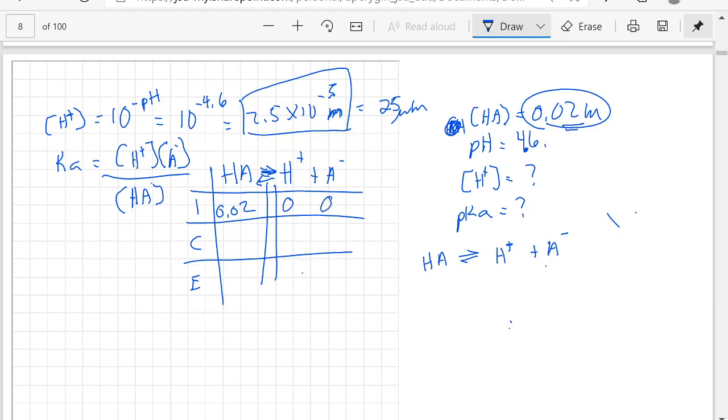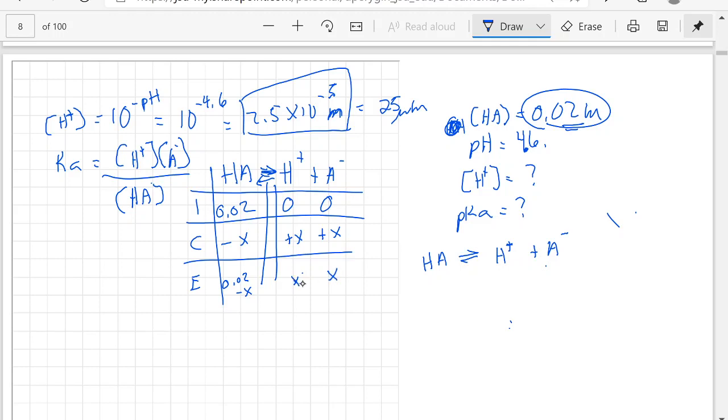But as this acid begins to equilibrate, once you put it in water and reach that equilibrium concentration, we're going to lose X amount of HA that's going to dissociate into H plus and A minus. So this is going to gain X and this is going to gain X. So at equilibrium, we're going to have 0.02 minus X, and X, and X.